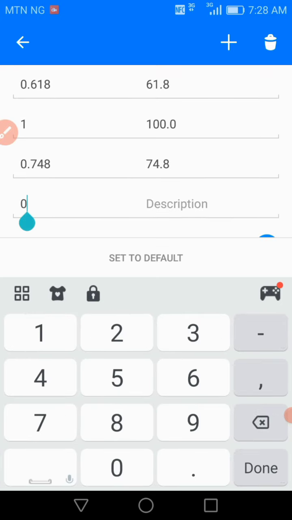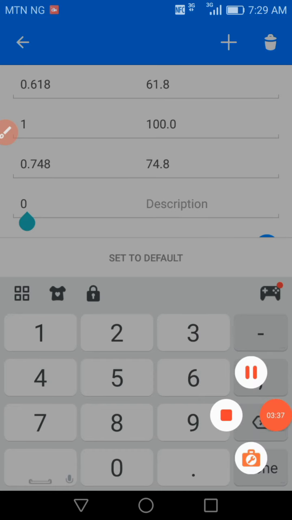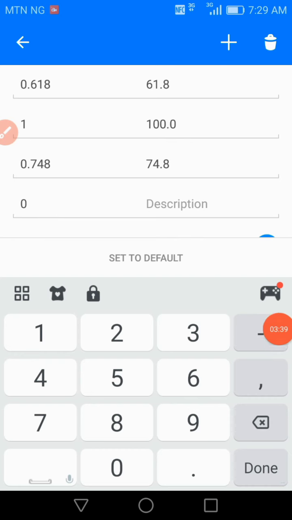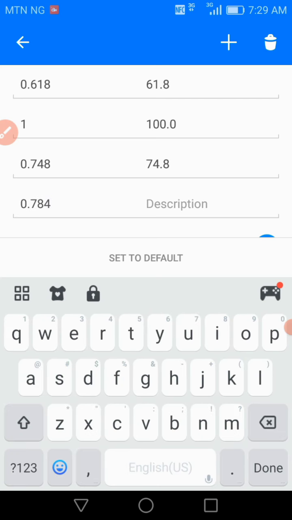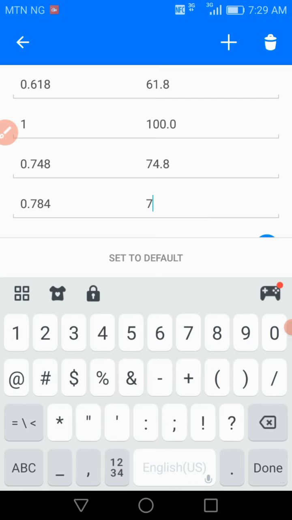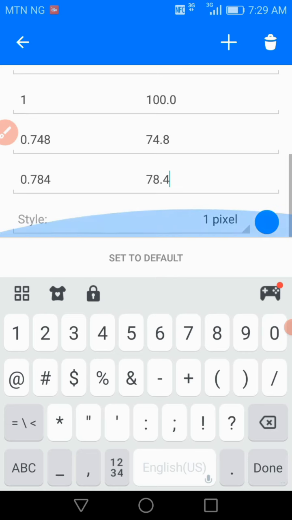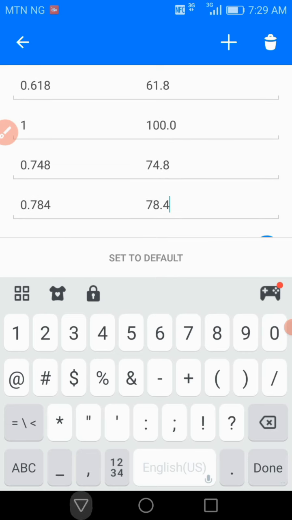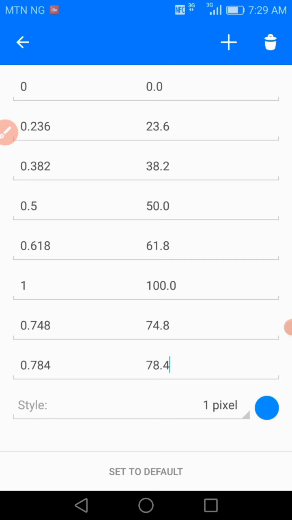Now the second one, sorry about that. What do you have at the second place? We have 0.784. When you multiply that by 100, you are going to get 78.4%. Then what do you do again? That's all we need. That's all we need.